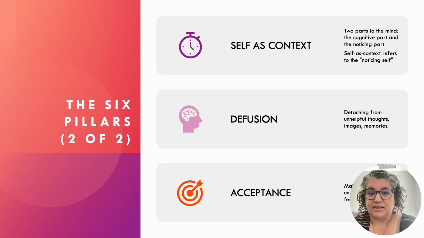Diffusion holds the idea that we as human beings can detach from unhelpful thoughts. The idea of diffusion in ACT refers to unhooking from those unhelpful thoughts. In one of the interventions we'll try today, we will look at getting hooked by and unhooking from unhelpful thoughts.